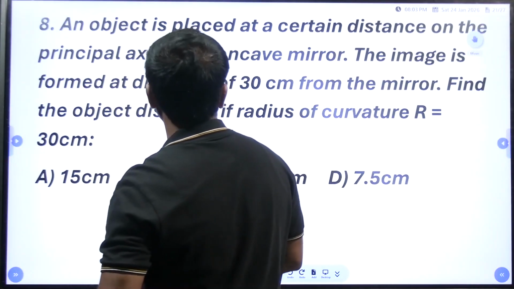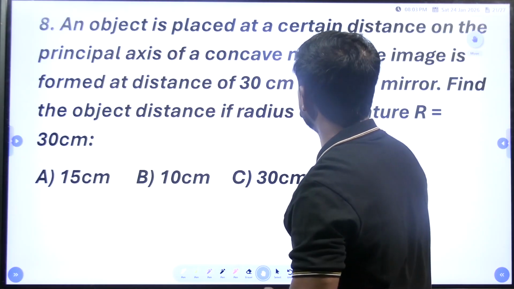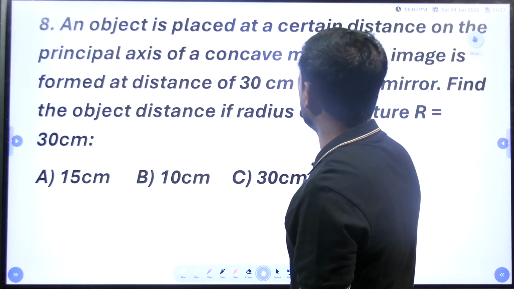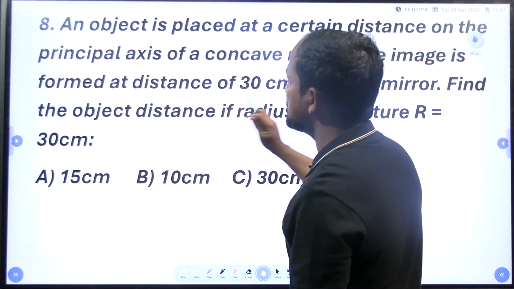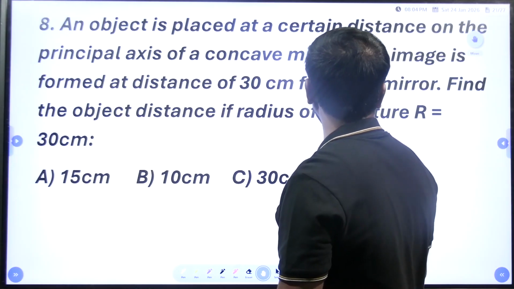An object is placed at a certain distance on the principal axis of a concave mirror. The image is formed at a distance of 30 centimeters from the mirror.